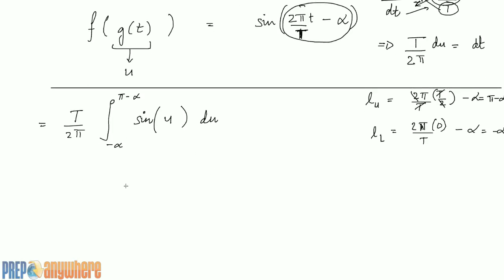Alright, what next? Well, this is a simple enough integration, so what I'm going to do is integrate it. Actually, I'm going to put the negative outside front because it's more simple. Cosine of u, and our limits are negative alpha and pi minus alpha.